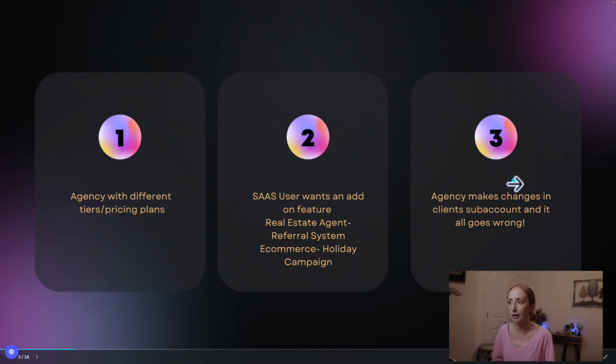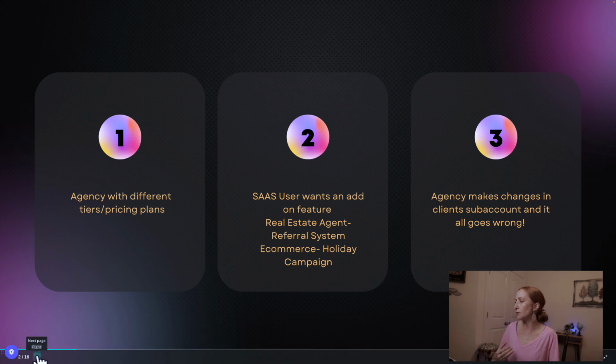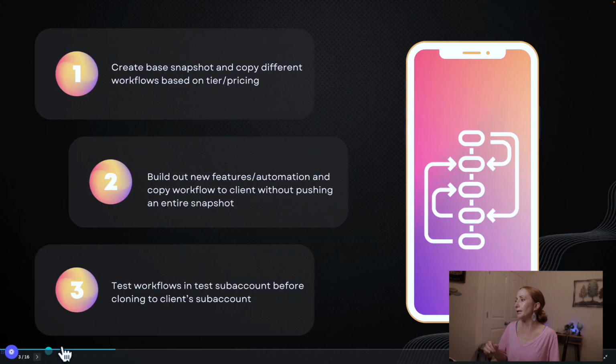And then number three, I think this is one that a lot of people don't think about, but it's so incredibly powerful. Oftentimes, as agencies, we have to make changes kind of on the fly sometimes, right? Maybe in a client sub account or the main sub account that's tied to that snapshot. And it's just not the best place to do testing.